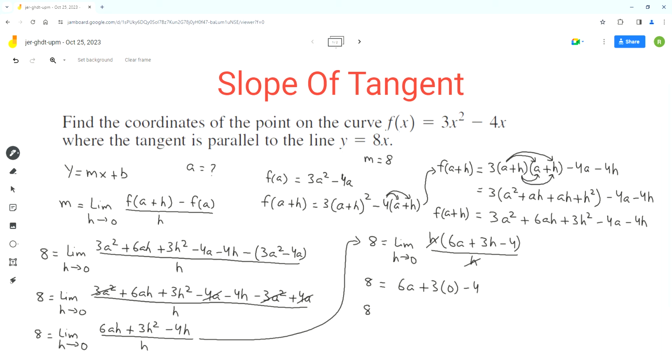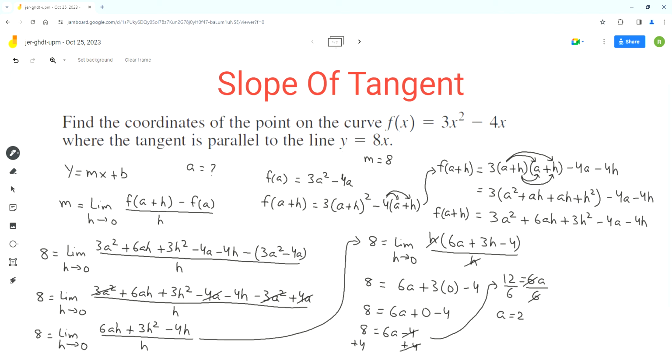So we get 8 equals 6a plus 0 minus 4, which changes to 8 equals 6a minus 4. Now we add 4 to both sides. The 4's on the right side cancel each other out, so we get 12 equals 6a. Now we divide both sides by 6, so we get a equals 2.